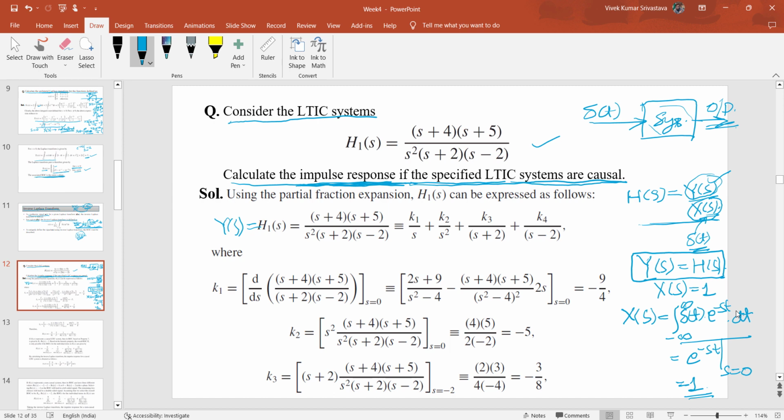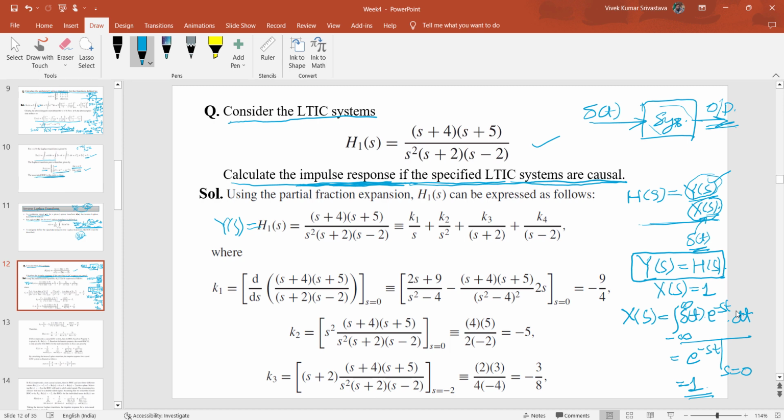That notation is h(t). So we have to calculate the impulse response in the time domain. Mathematically, it is nothing but the inverse Laplace transform of H(s).